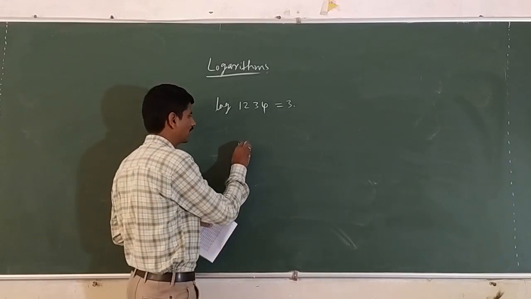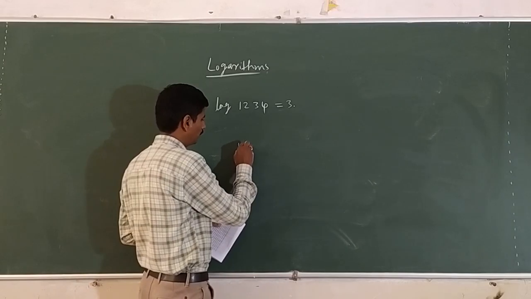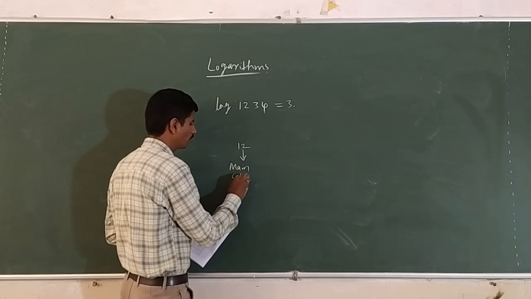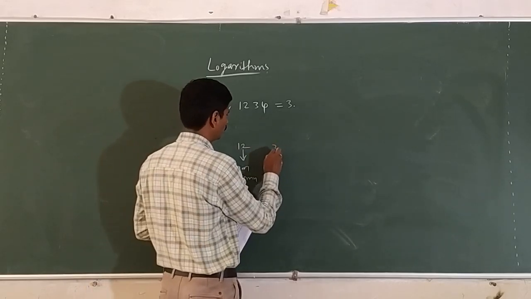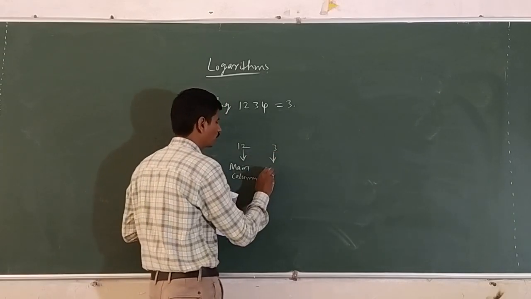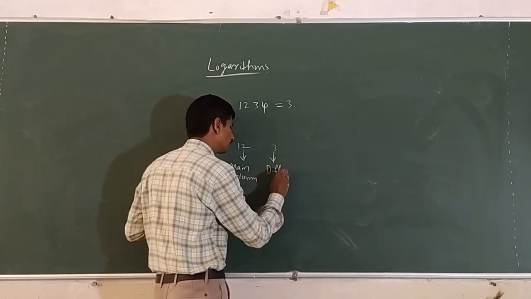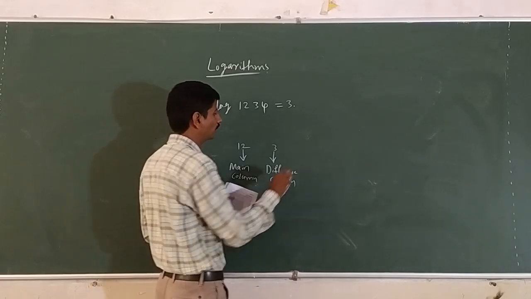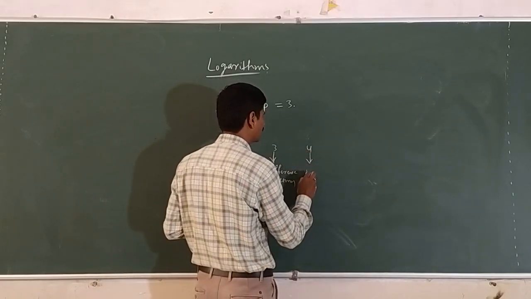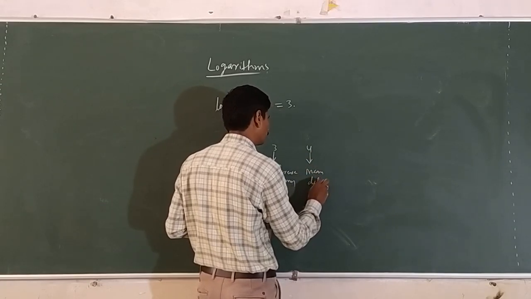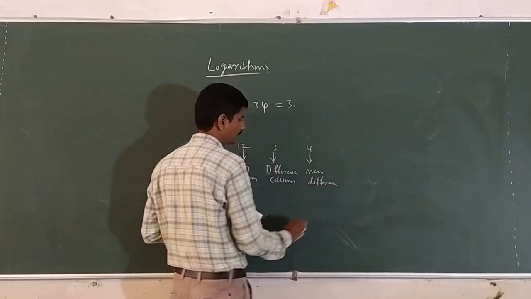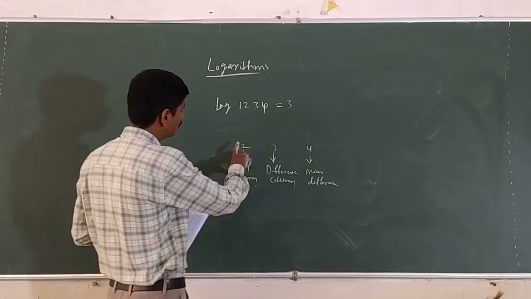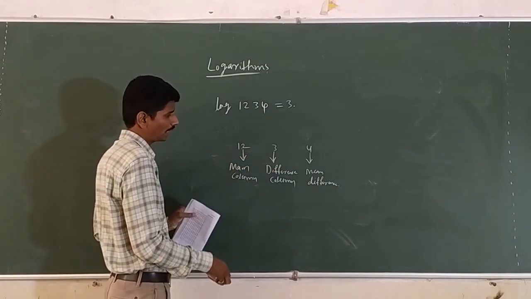The first 2 digits you search in the main column, the third digit you search in the difference column, and the last, fourth digit you search in the mean difference column.